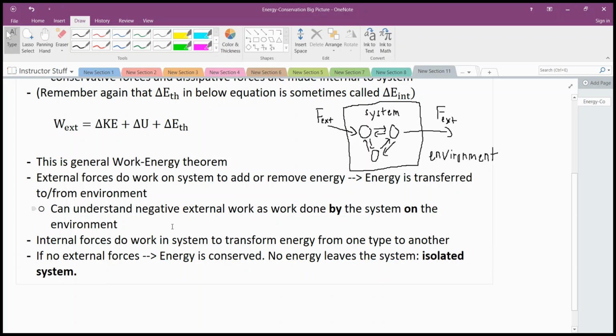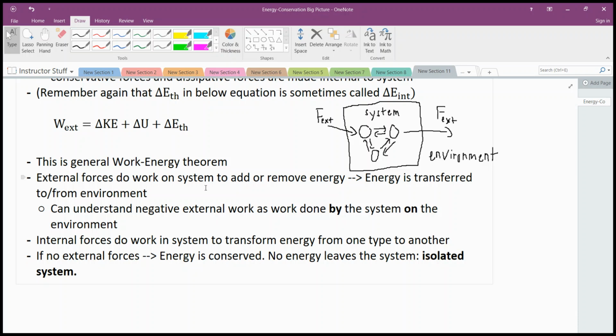The forces inside our system are transforming energy from one kind of energy to another. You will see then from this equation, if there is no work done by external forces, then all these changes in energy are equal to zero. Energy is conserved. Thinking then in terms of this interpretation, if there is no work being done by external forces, then there is no energy being added to our system or removed from it.